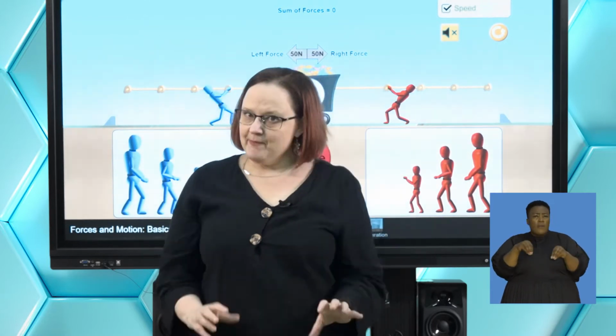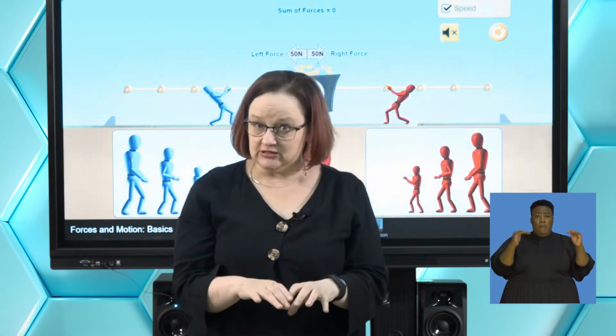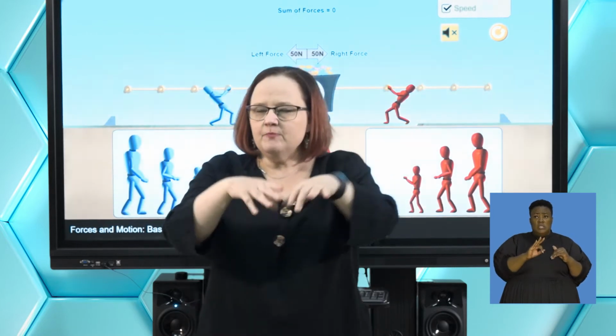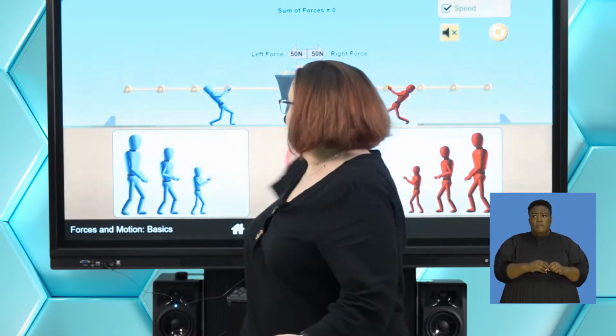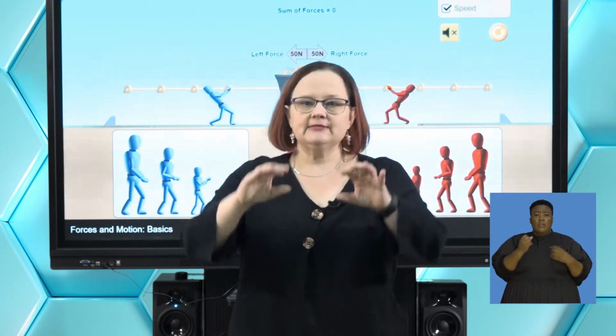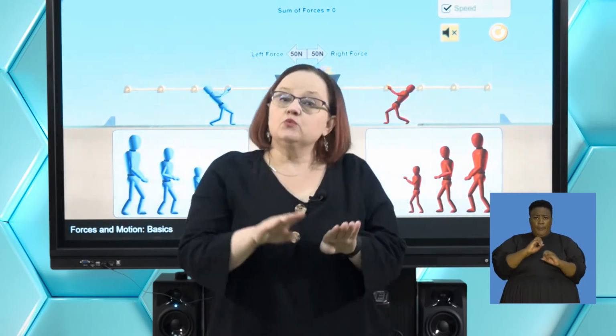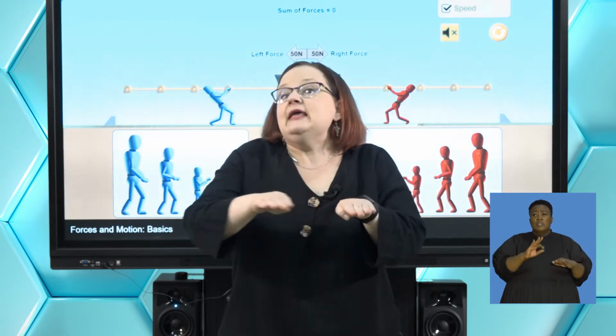So what happens when we balance forces is that whatever motion the object had, it will continue with that. So if it was stationary, like we've got now, it stays stationary. If it was moving and we balance out the forces, it'll keep moving at constant velocity, okay?